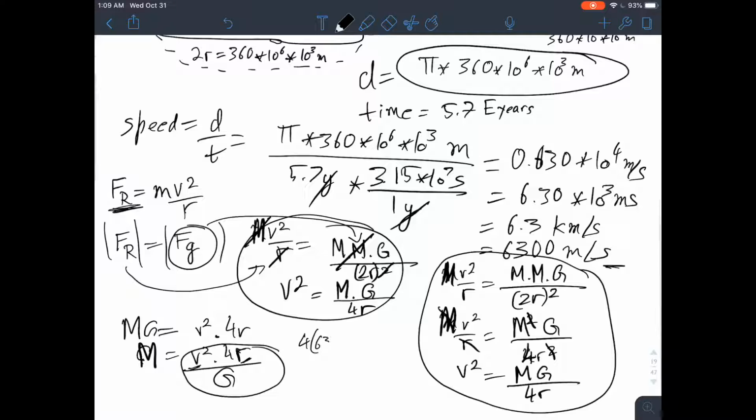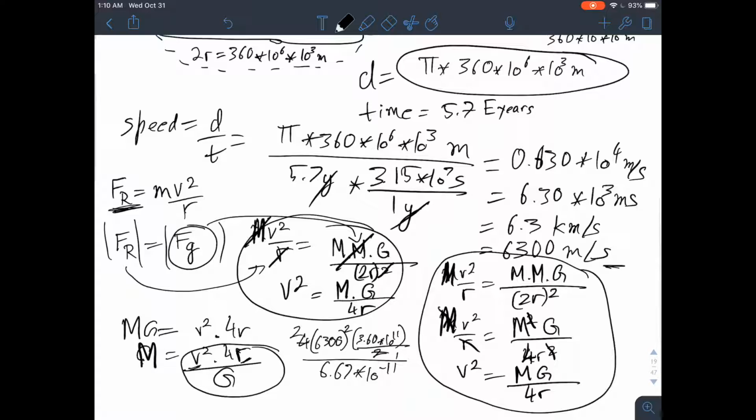We should get something like 4 times 6,300 squared times the radius, which is 3.60 times 10 to the 11, and actually it's divided by 2, and G is 6.67 times 10 to the negative 11.